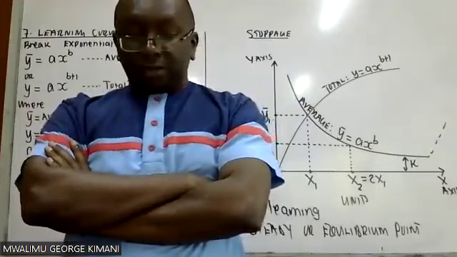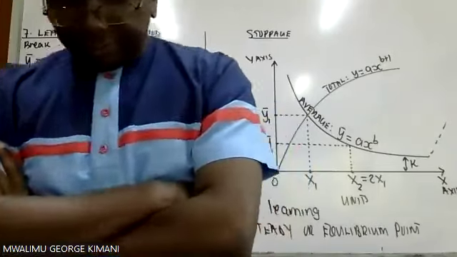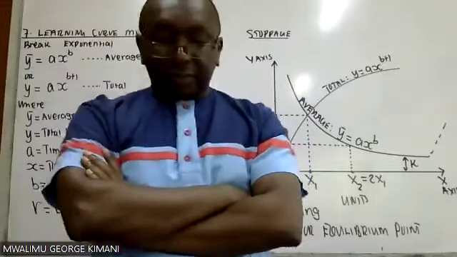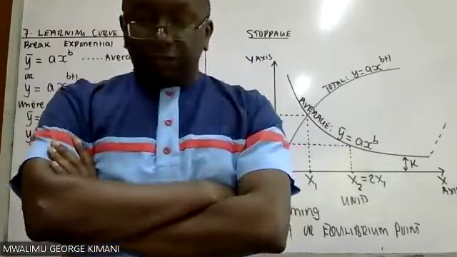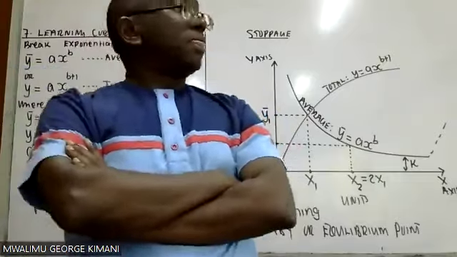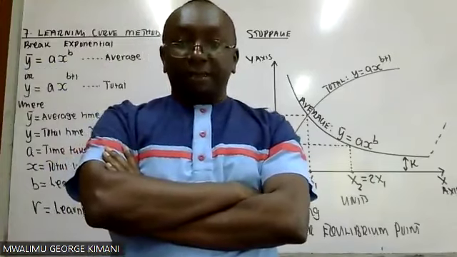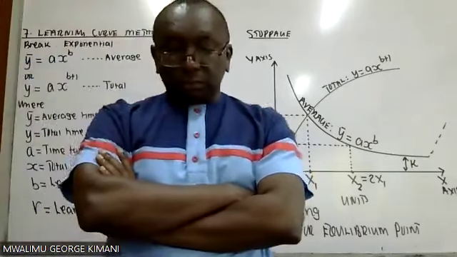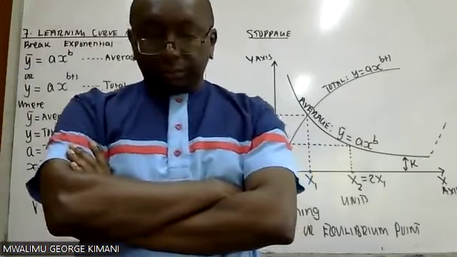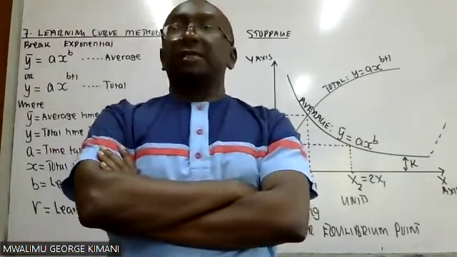Number two is setting of selling prices. Number three is setting of labor standards.